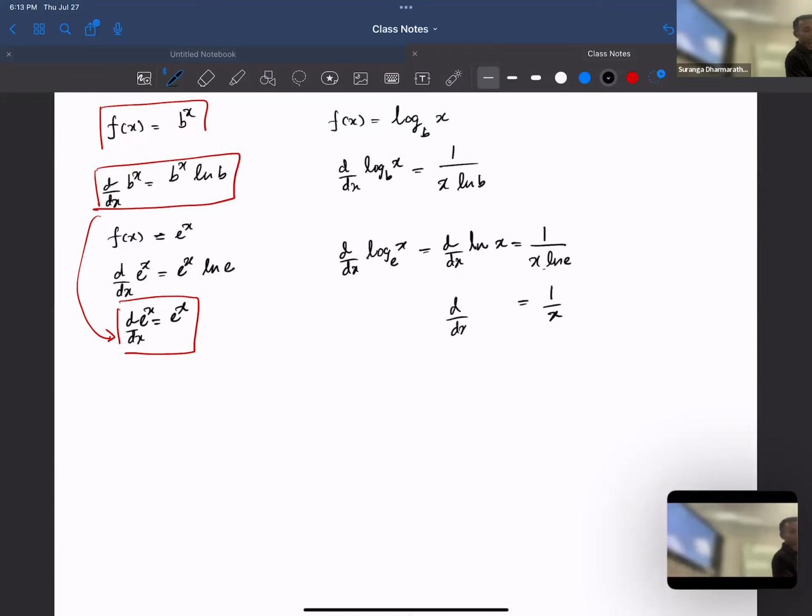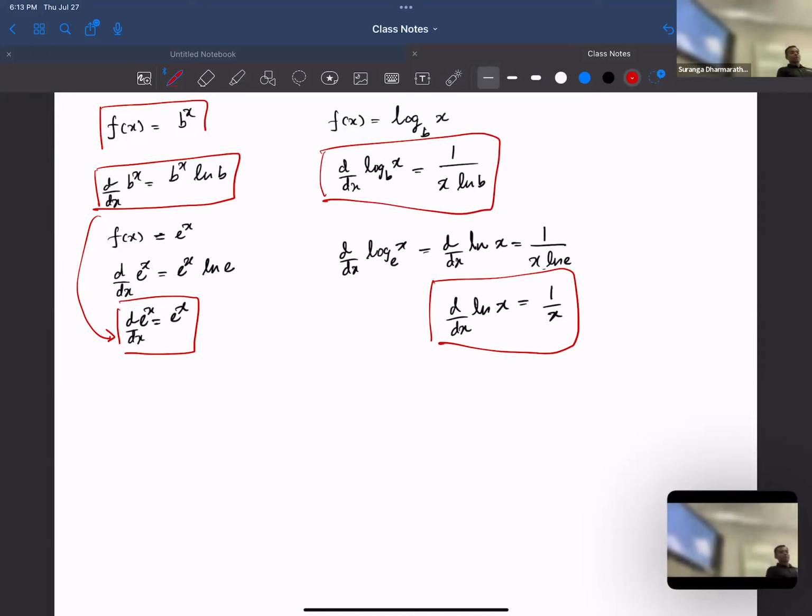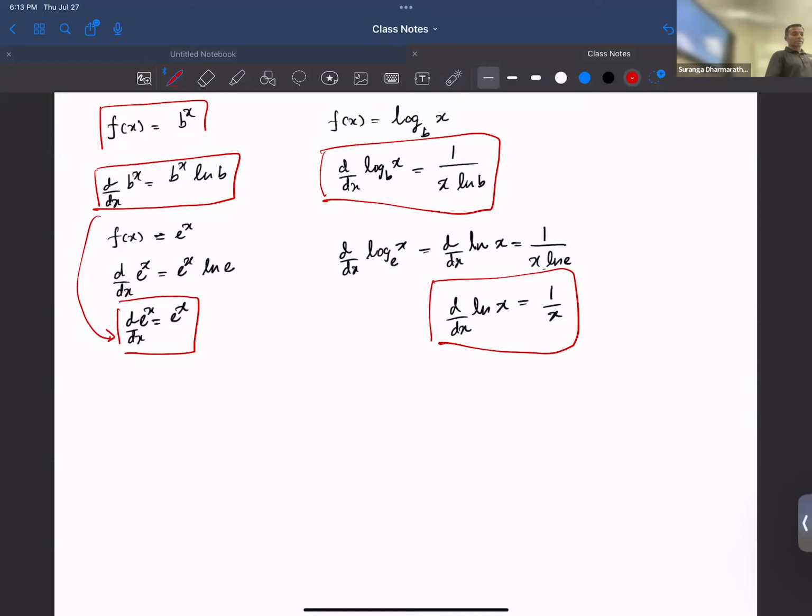So in this lesson we learned this one as well, and then this equation also. All we have to do is apply these equations in our problems.